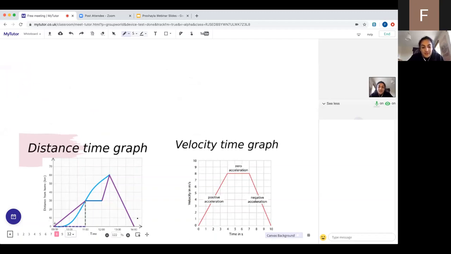So what does this line represent here, this purple line here? What does that represent? Have a think. So what does a straight line on a distance time graph represent? Put your answers in the chat.